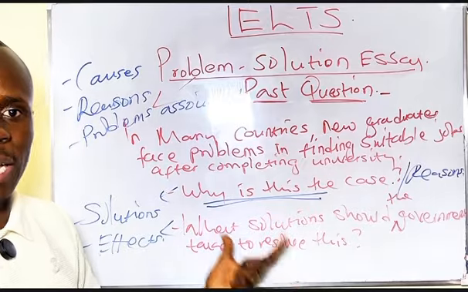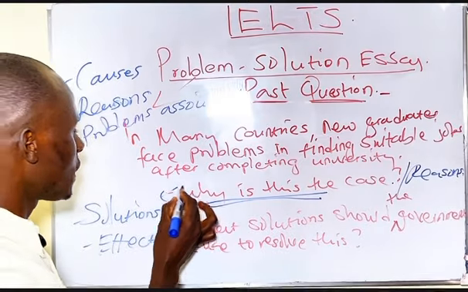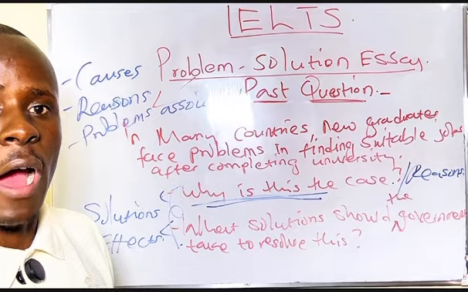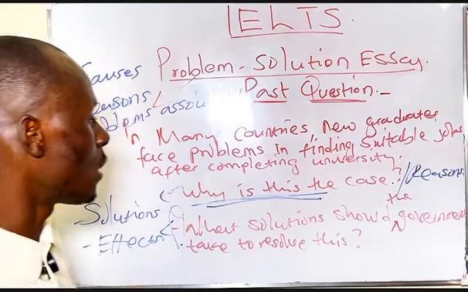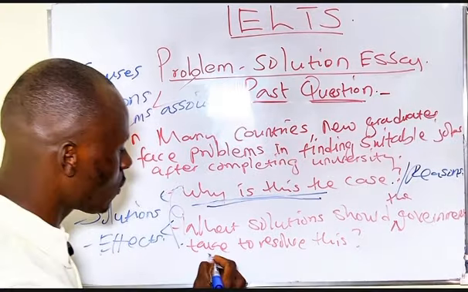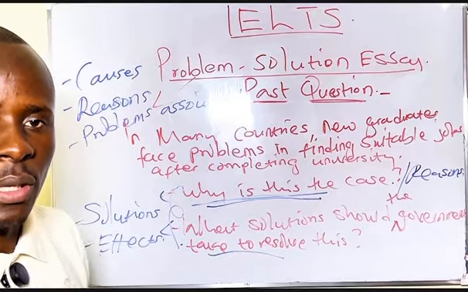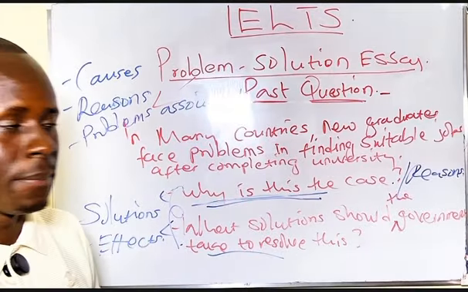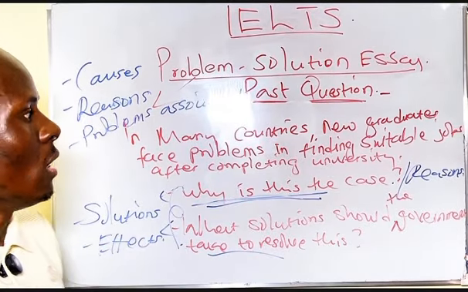It's a problem solution essay. Why? Because you have two questions, and one of them is asking about reasons, problems or causes, and the next is asking for the solutions or the problems associated. Good.